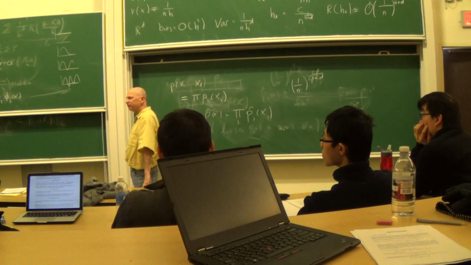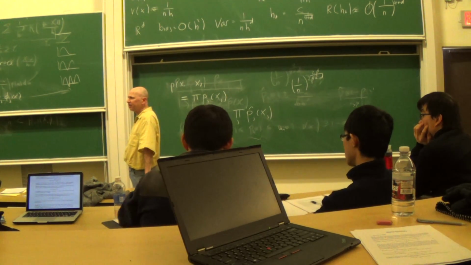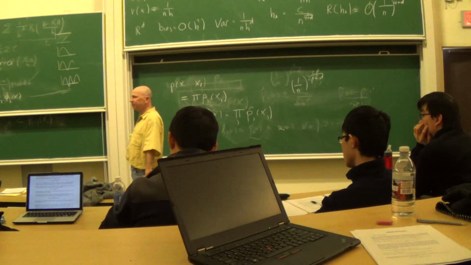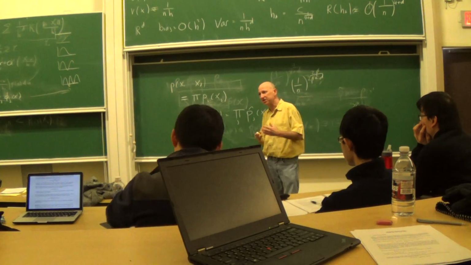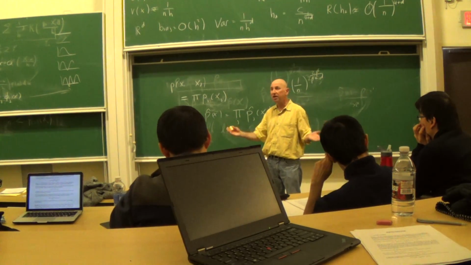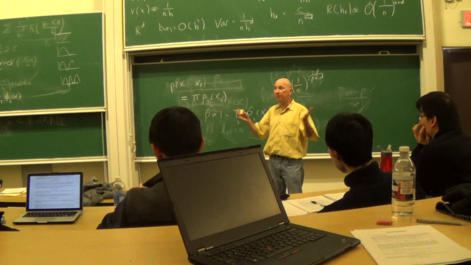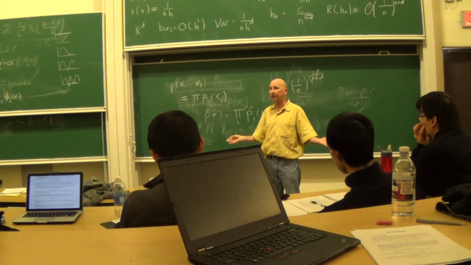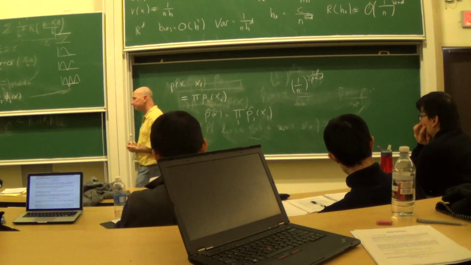I have a section of notes all about mixtures, and I was hoping to defer that to later in the course. Hopefully we'll squeeze that in because there are some interesting issues. But that is another approach to estimating densities. You use a mixture of normals, k normals, and treat k itself as a parameter which can change. So you can make it richer and richer as you let k get bigger and bigger. So that is another approach to non-parametric densities.